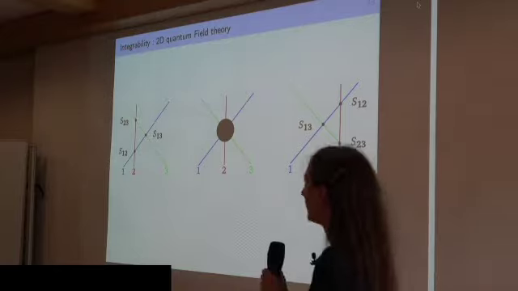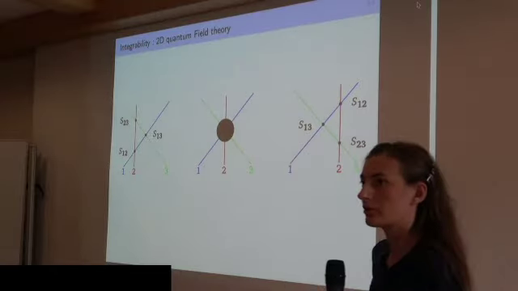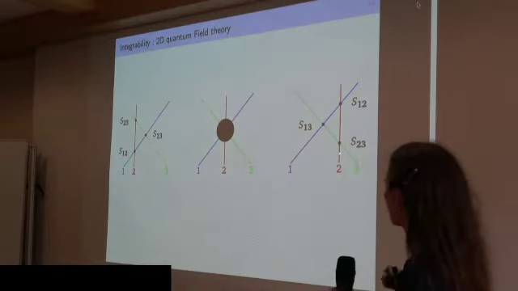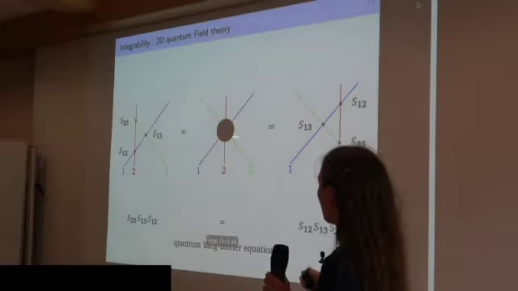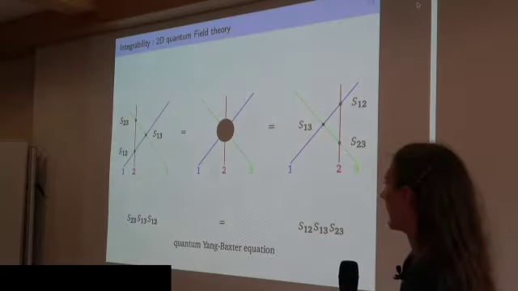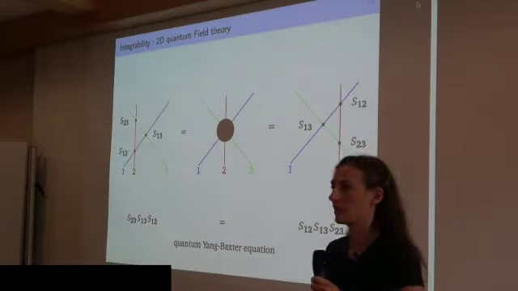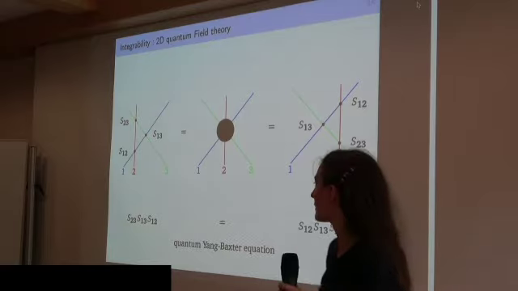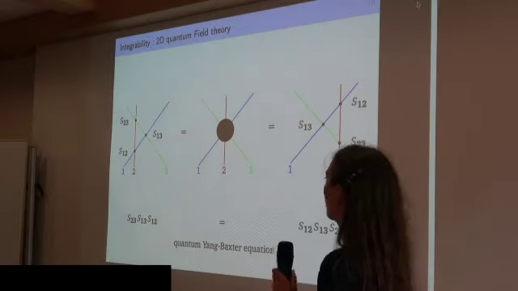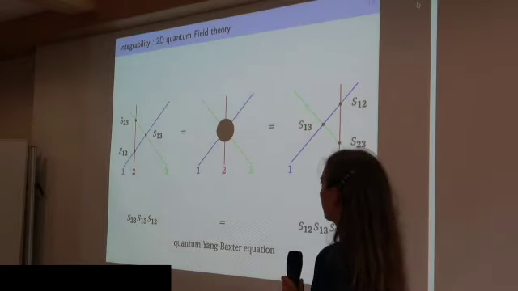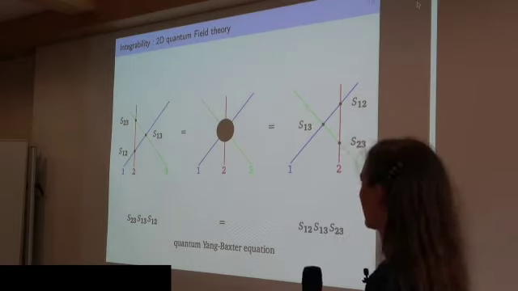And compatibility requires that the result you get from doing this computation or this computation should be the same. And this gives rise to a condition on the two-body S matrix. So this is this equality, and this is the quantum Yang-Baxter equation. So the quantum Yang-Baxter equation is necessary for your quantum theory to be integrable.